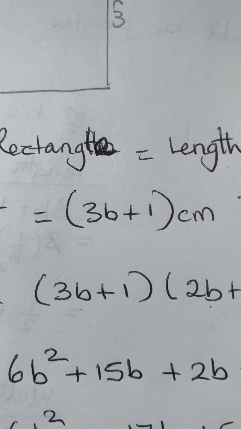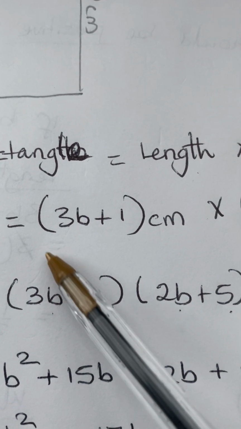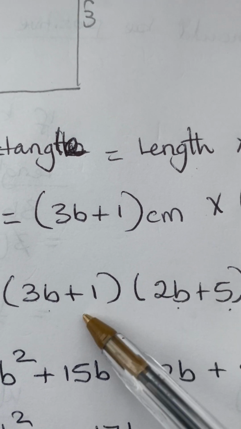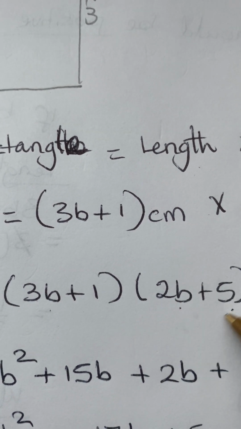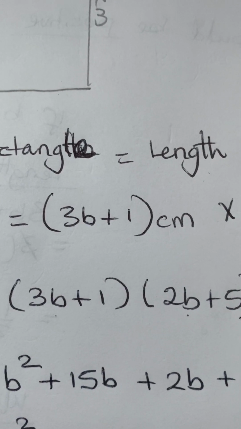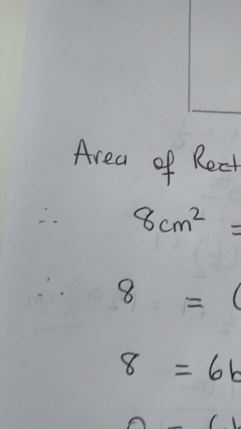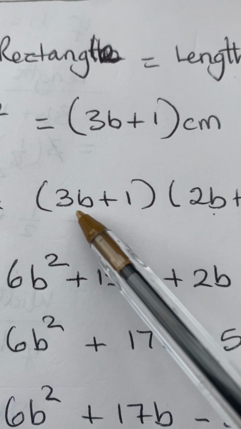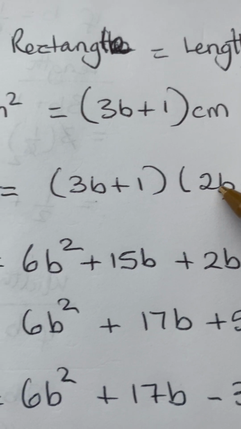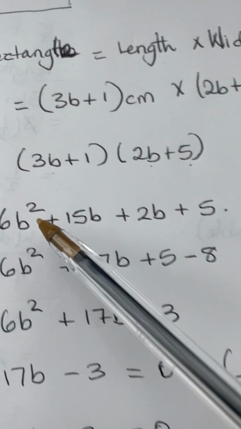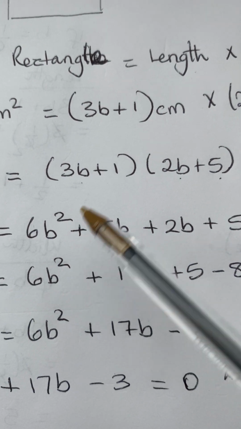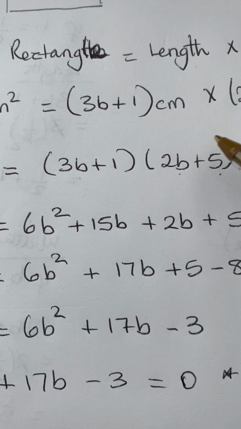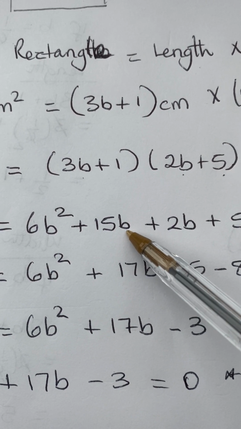Now we need to simplify. Remember, 3b is going to multiply everything in this bracket, and 1 is going to multiply everything in this bracket, and then we simplify. So 8, which is our area, equals 3b times 2b, which gives us 6b squared. 3b times 5 gives us 15b.